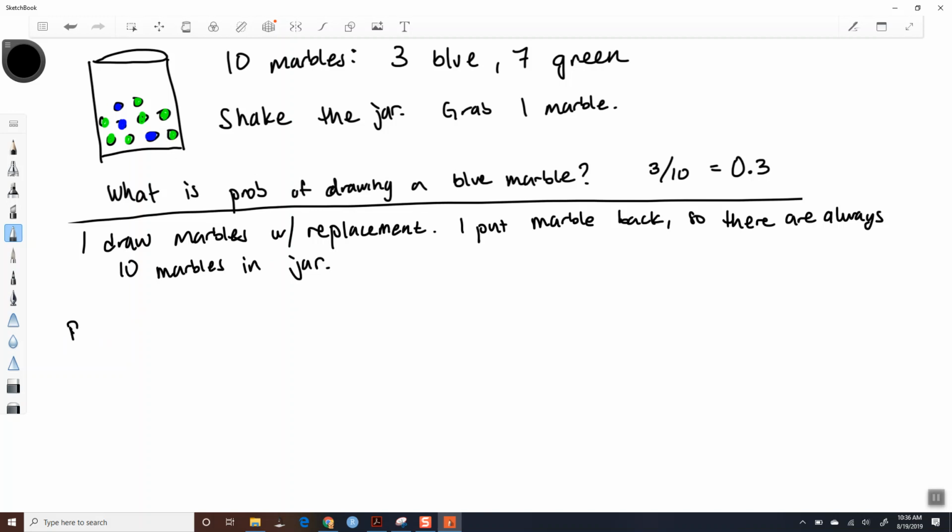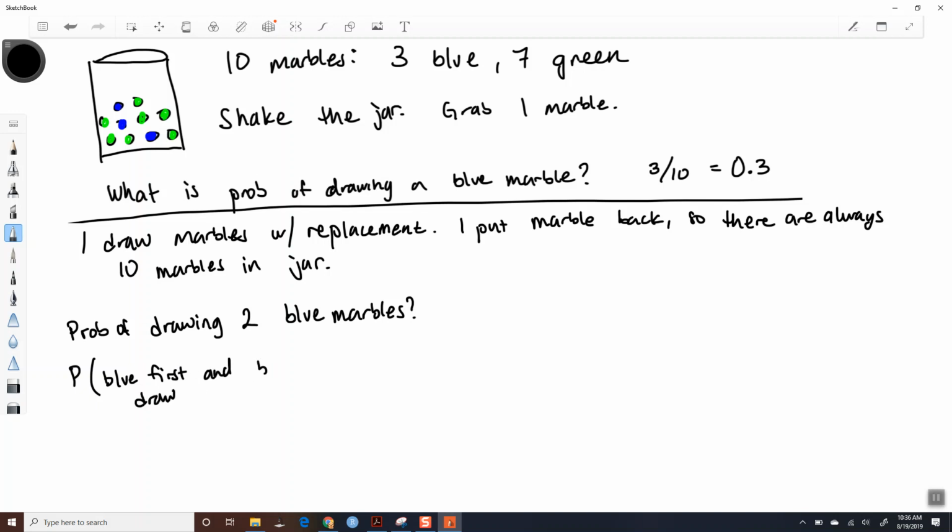So here I will ask, what is the probability of drawing two blue marbles? So this is going to be the probability of blue on the first draw and blue on the second draw.